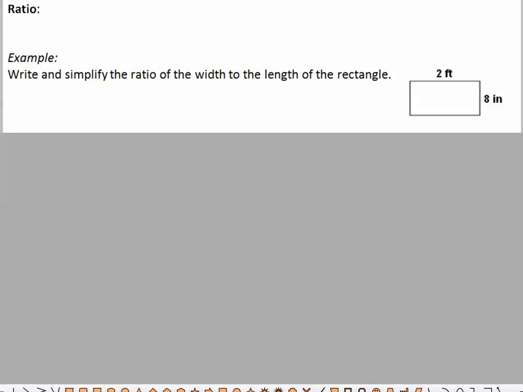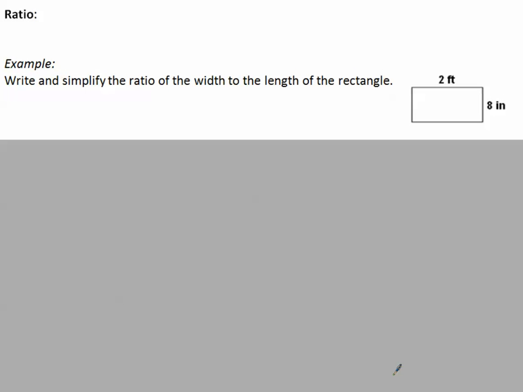Let's do a quick review of ratios and proportions, since we're going to need to use them a lot with similar figures. A ratio is simply an expression, often seen like a fraction, that relates two quantities.